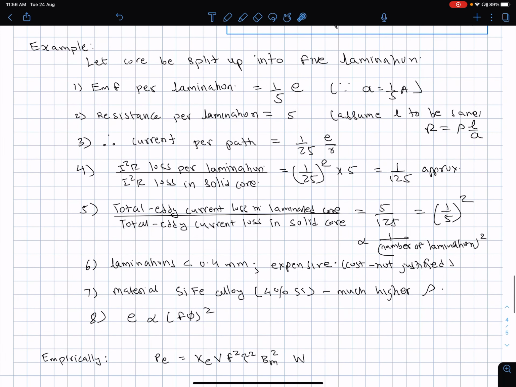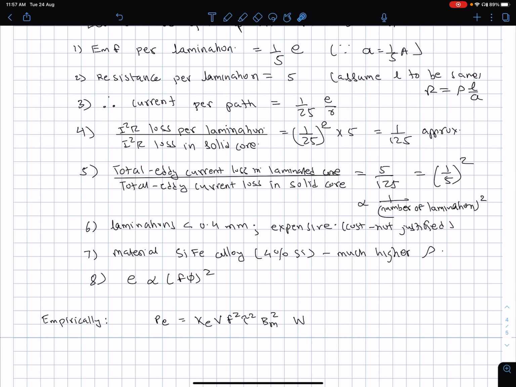Now, because you have 5 laminations, the total loss will be 5 times this, 5 into 1/125, or the factor actually becomes 1 by 5 square. What we are trying to say here is that the total eddy current loss in the laminated core is inversely proportional to the square of the number of laminations.